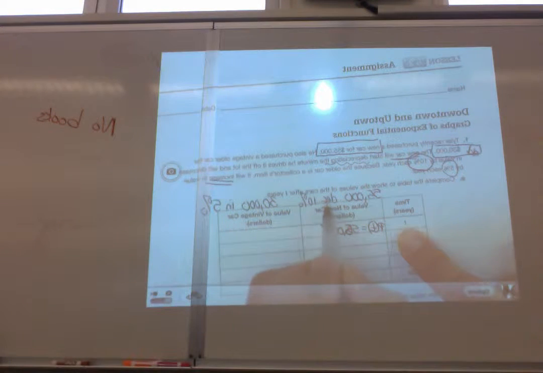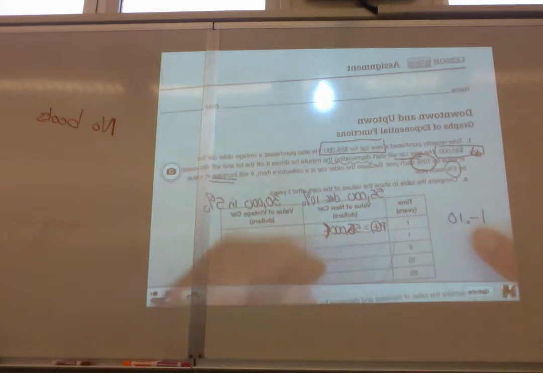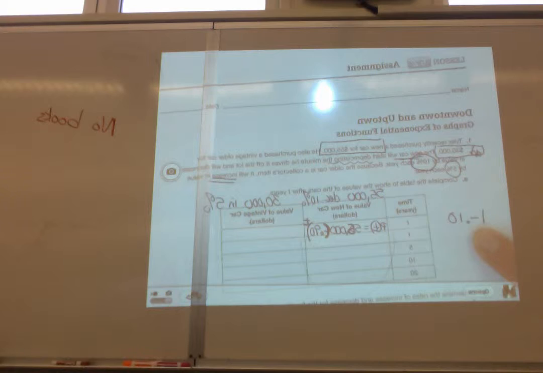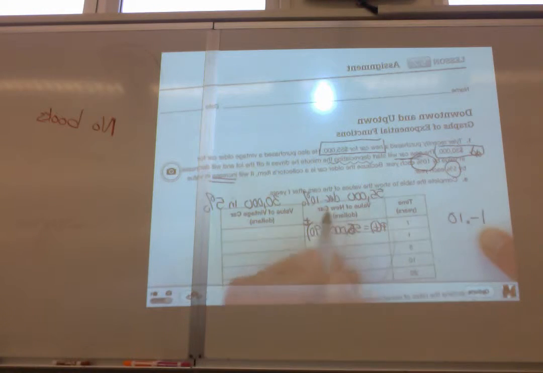Now this is going to be 1 minus 0.10. I'm going to simplify it right here because I don't have much space. So that'll be 0.90 raised to the t. The 1 minus is what happens because this one's decreasing by 10%.